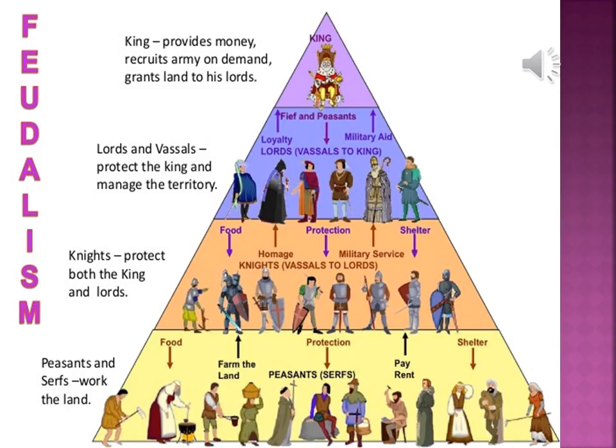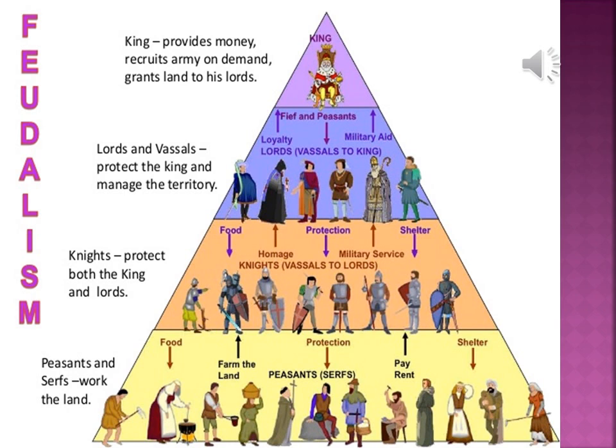In a feudal system, the king is at the top. He provides money, he recruits army, and also grants land to his feudal lords or vassals. Below him are his lords and vassals who protect the king and manage the territory. The king gives salary to them in kind and not in cash.